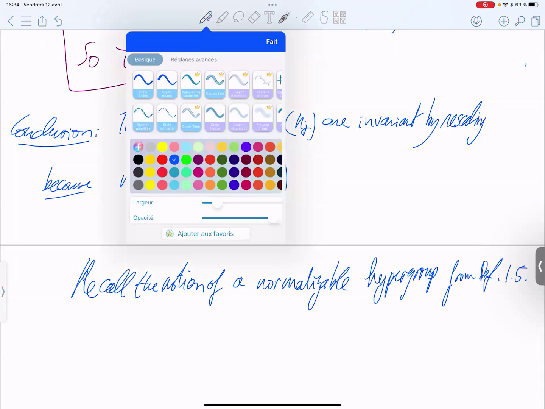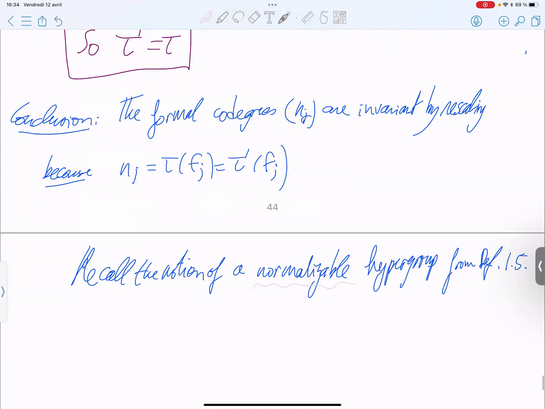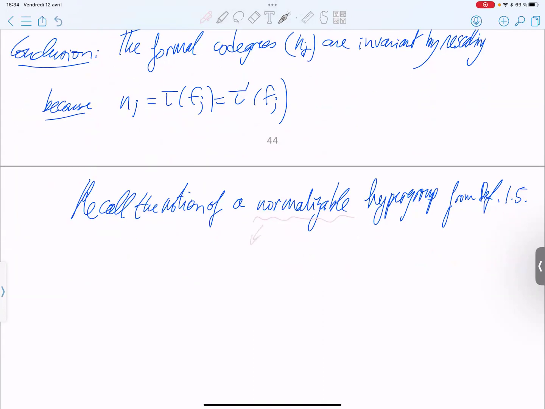And in fact, let me write it again. A hypergroup is normalizable if one obtains a normalized hypergroup after a rescaling.